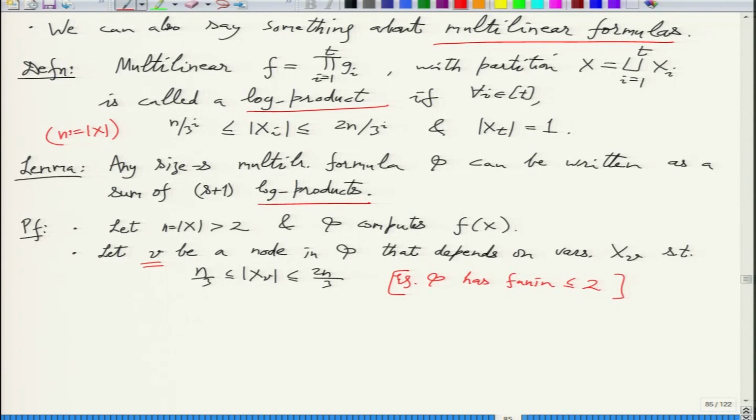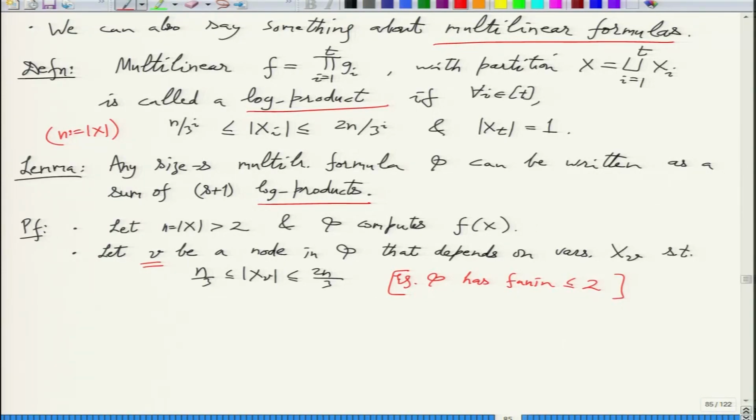Yeah, so make this deduction, get a node. Then it makes sense, because the number of variables cannot jump from something below n by 3 to something above 2n by 3, because there will just be a union.